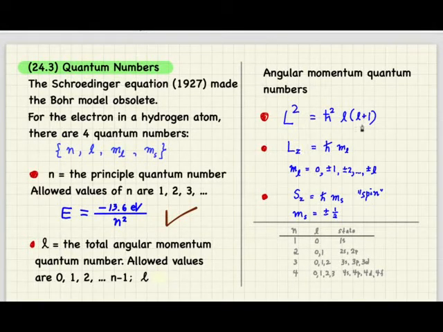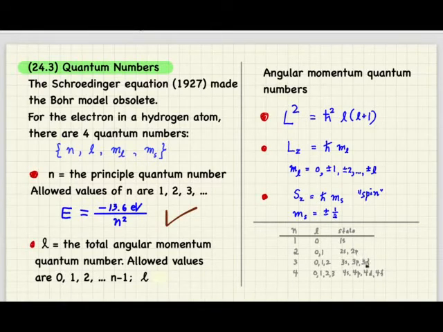So for a given value of L, there are 2L plus 1 values of M sub L. So the S states have only one possible value of M sub L, namely 0. But the P states have three possible values of M sub L, 0, plus or minus 1.